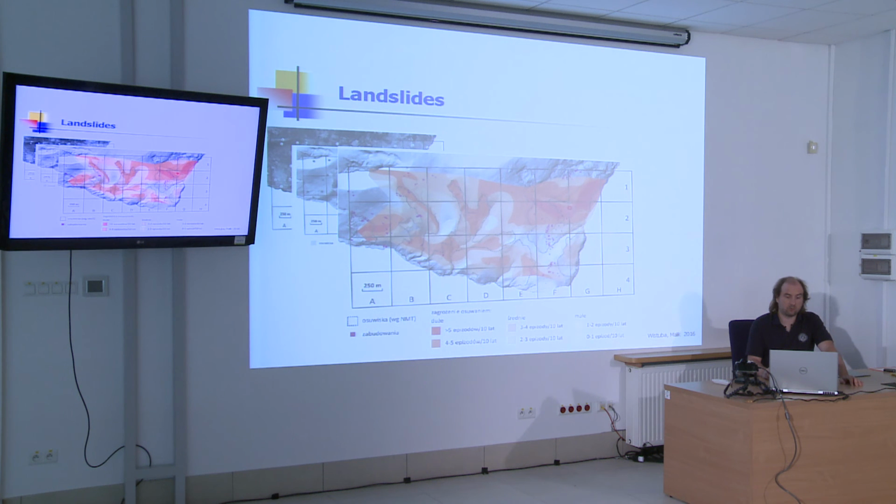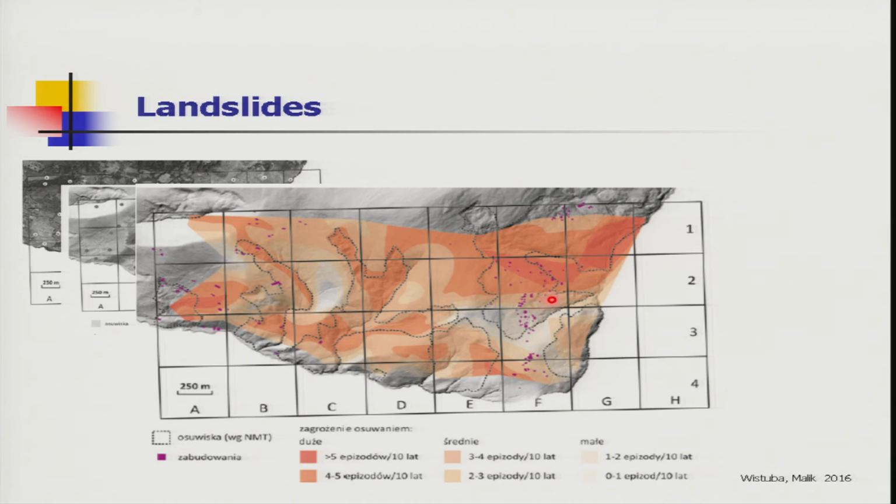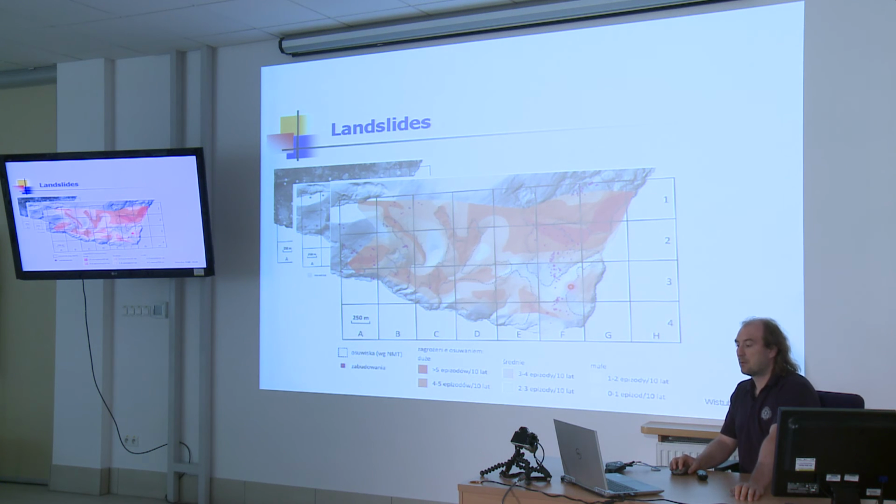If you study the paper by Wistuba and Malik more carefully, you can see that some people build their houses on slopes that are very active. Having such information can, on one hand, support the decision of where to build, or if you are an insurance company, you can rate how much people have to pay for the insurance.